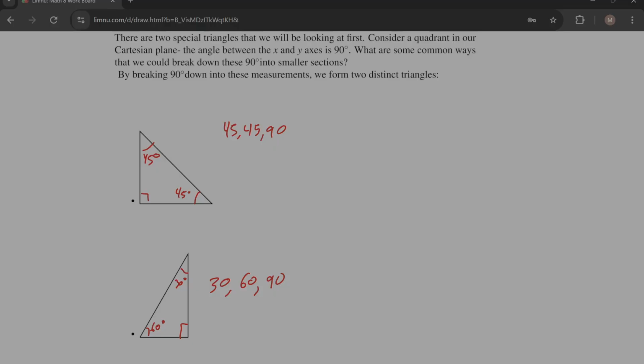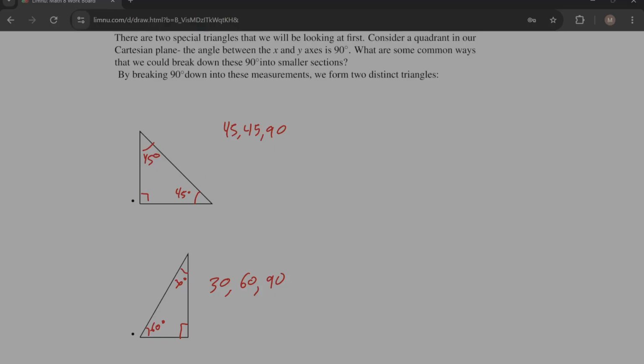With these, one of the things we talked about in Math 10C is that any triangle or any angle that has the same measurement, due to proportionality, must have the same scale proportions to its sides. And so with a 45 degree angle, you'll always have a triangle like this that's isosceles.